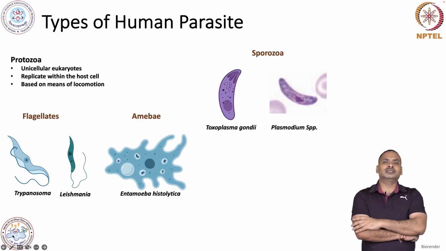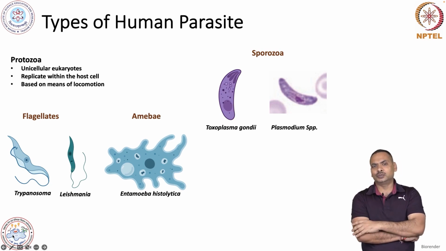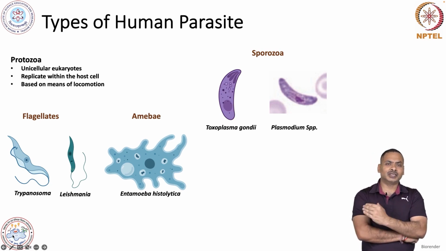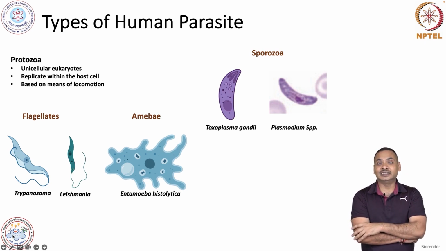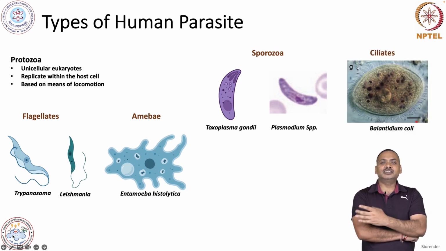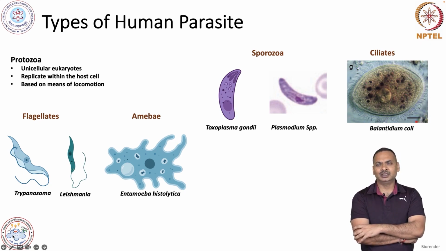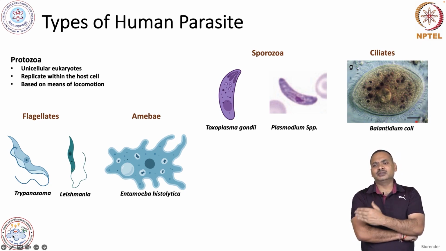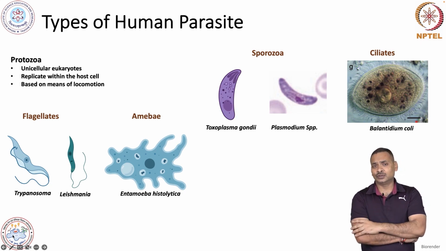The last group of these parasitic protozoa is ciliates. So these ciliates have numerous cilia, and these cilia are used for movement.